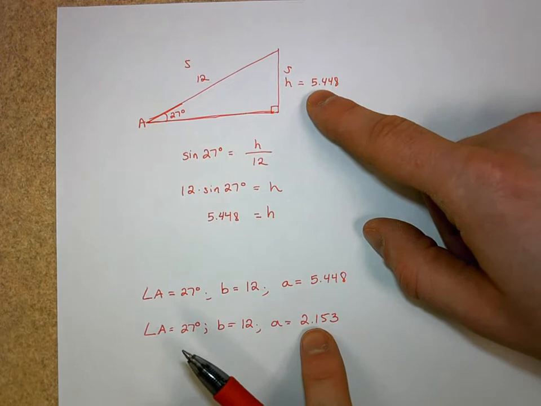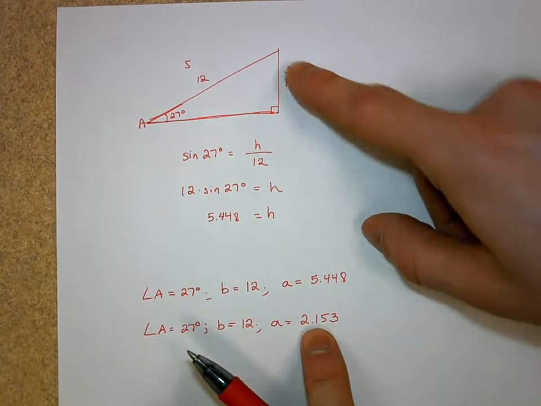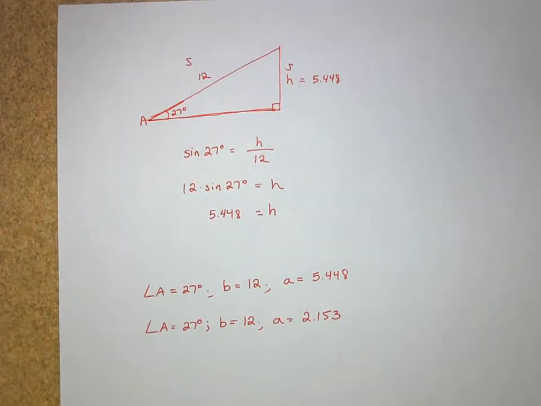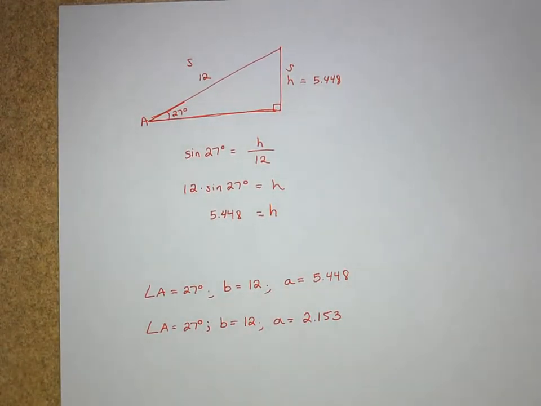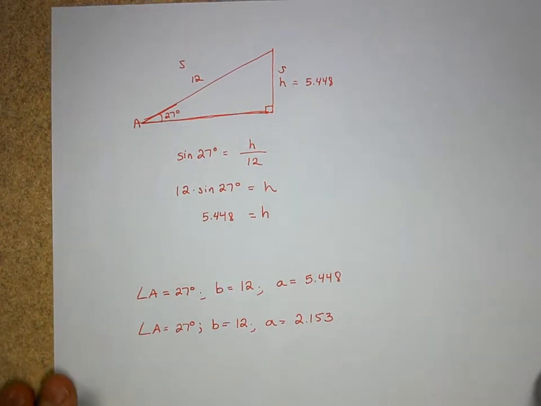If my height is only 2.153, I'm not going to be able to complete this triangle. So what we're going to be working with is this height idea. We want to know the minimum distance needed to complete this triangle.